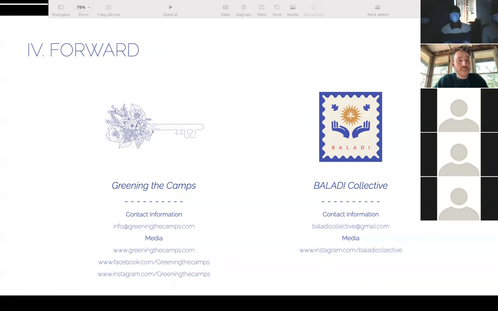Reading the Camps has been on a break since the beginning of 2020, since COVID more or less, but we're looking at restarting it. And in the meantime, or together with this, me and some friends are setting up a design studio, a collective called Baladi Collective, which is an Arabic word, which means my country, my land, my home.